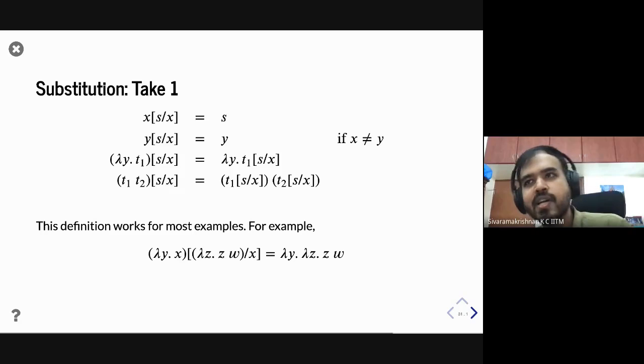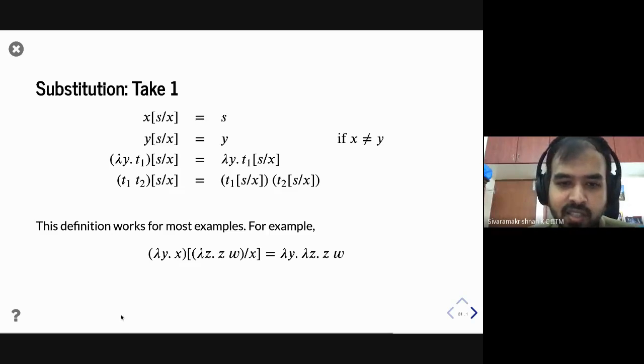So this definition works for most examples. It actually works for a lot of the examples that you can come up with. But here is an example where it fails. Let's look at an example first.